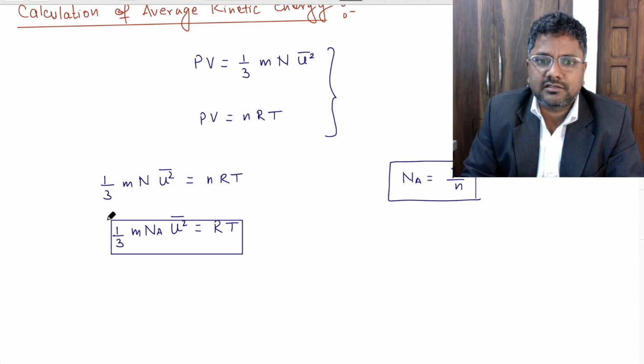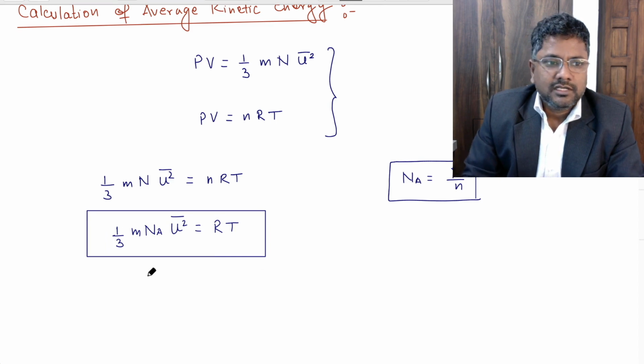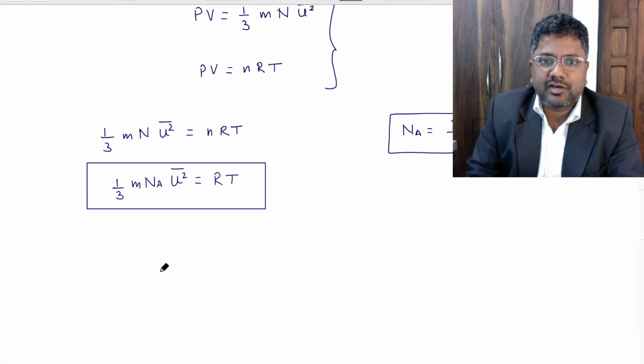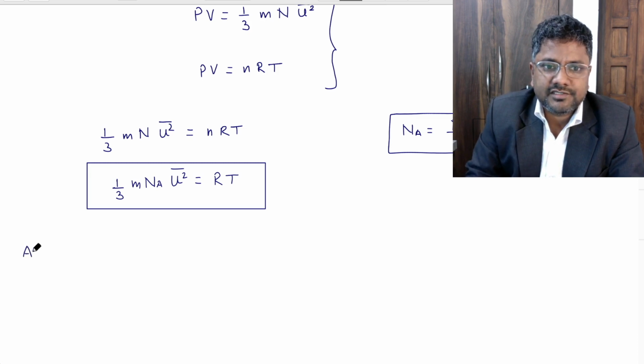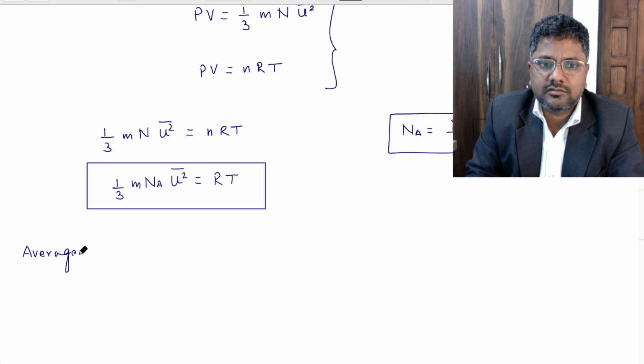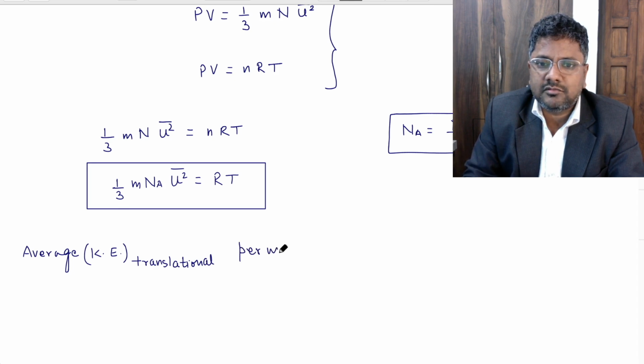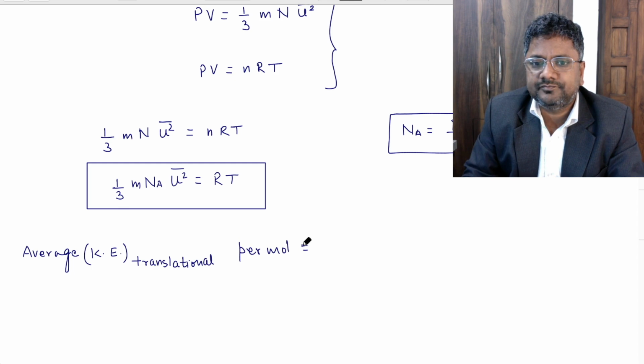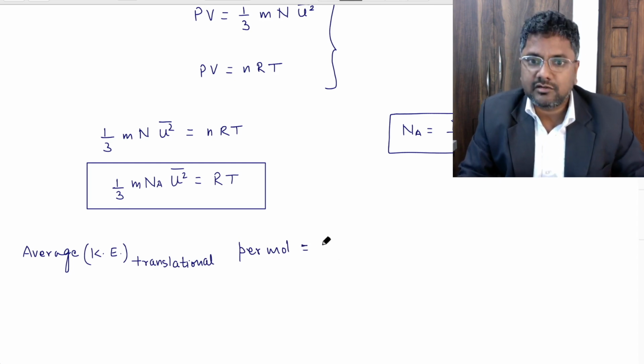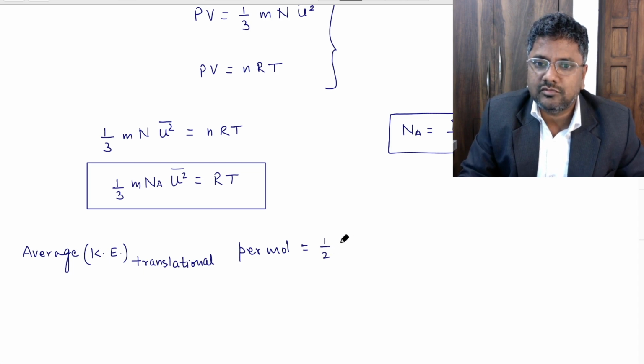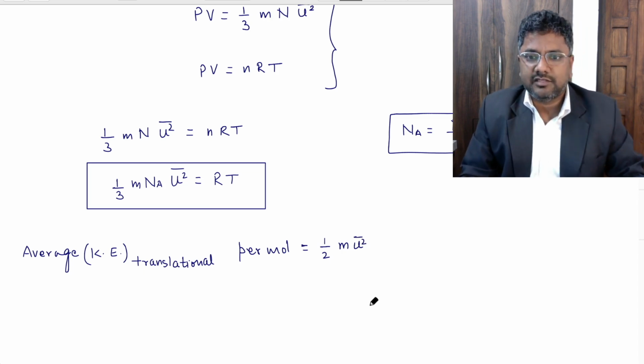Now you can write the average translational kinetic energy per mole is equal to 1 by 2 m u bar square, right?